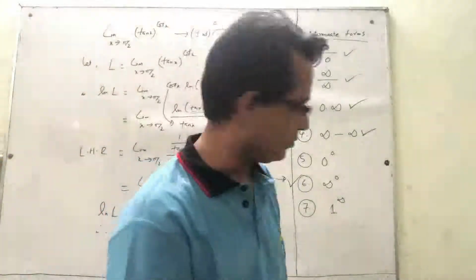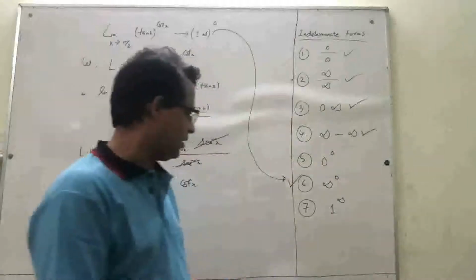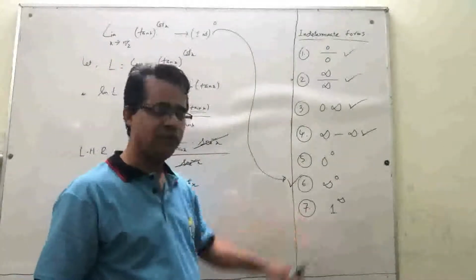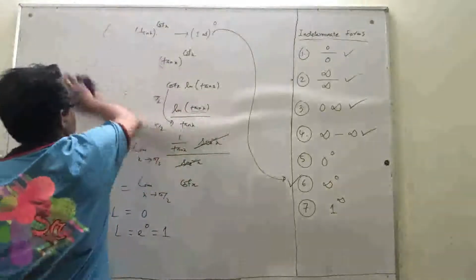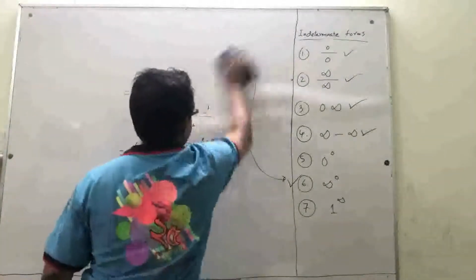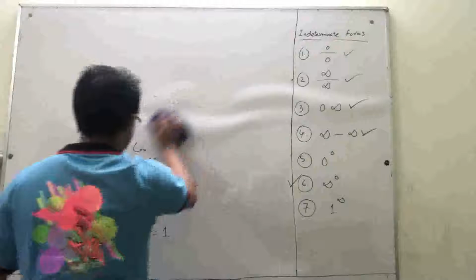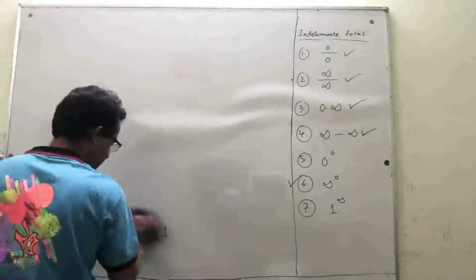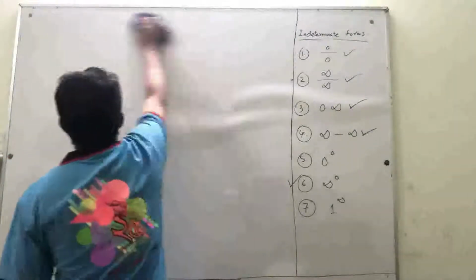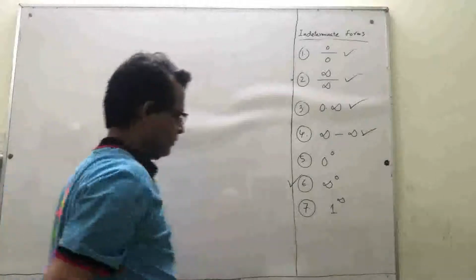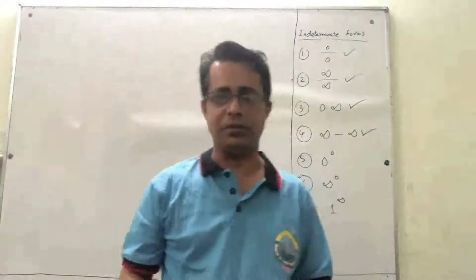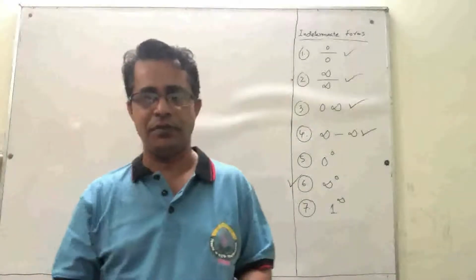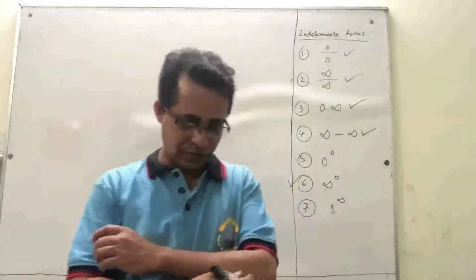So dear students, we have another indeterminate form, 1 to the power infinity. For understanding how to remove the 1 to the power infinity indeterminate form from a limit, we can take another example.